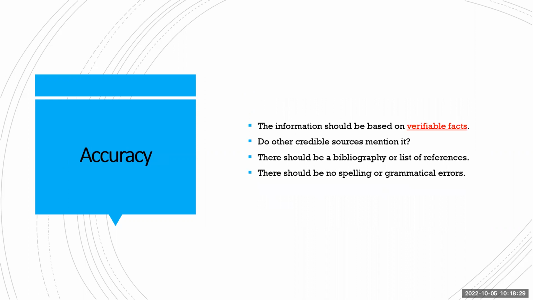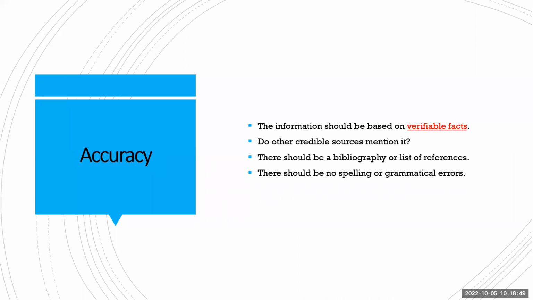The next A in the CRAAP, the second A, is accuracy. So is it accurate? And for the most part, all the information in a research article, for example, can be verified. So we're talking about verifiable facts.